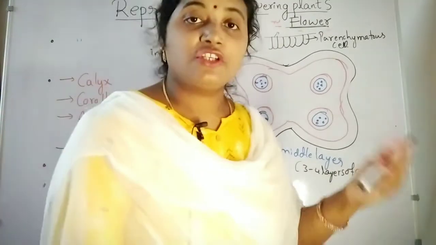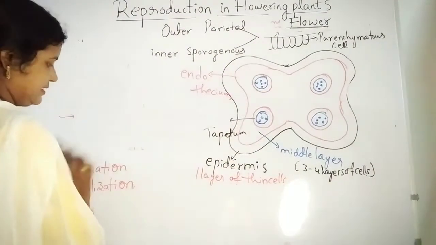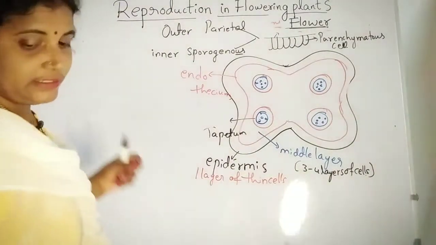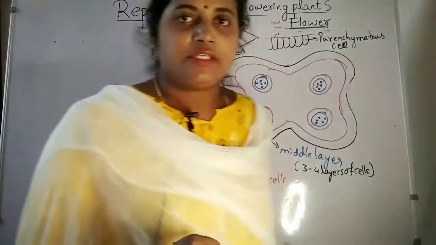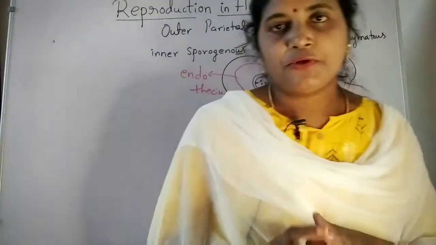Okay, now we'll see the microspore formation. So the production of microspores is known as microsporogenesis. How is the microsporogenesis going to be formed?